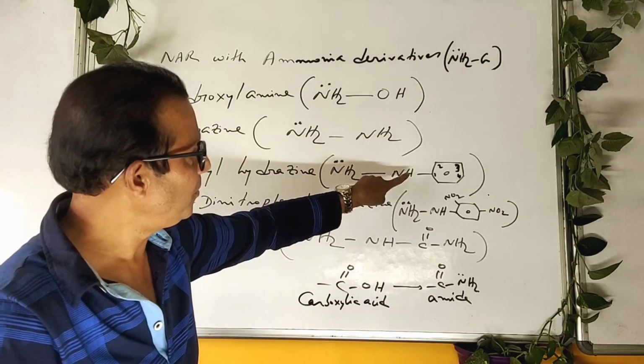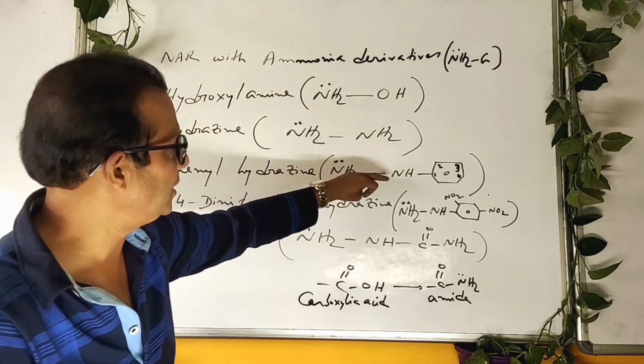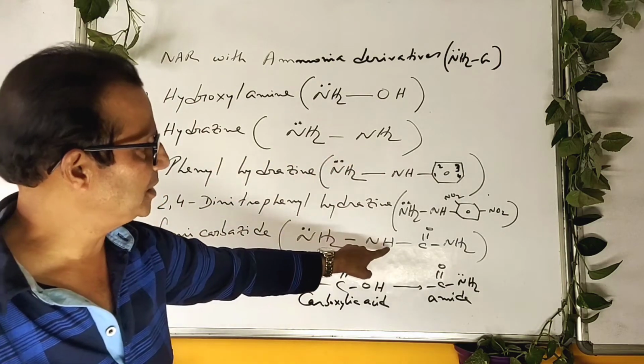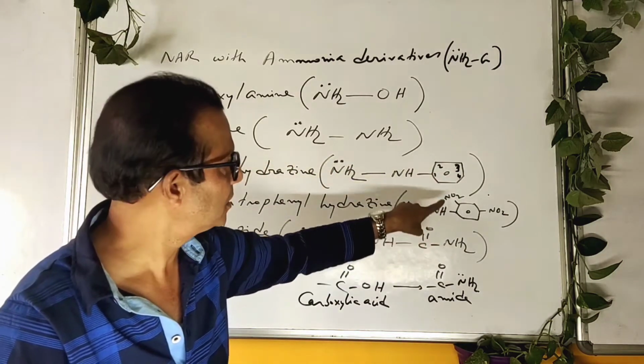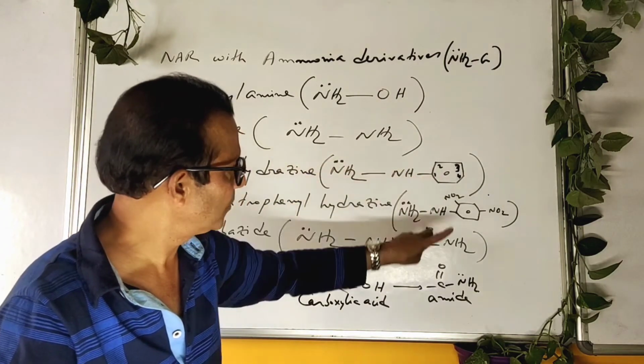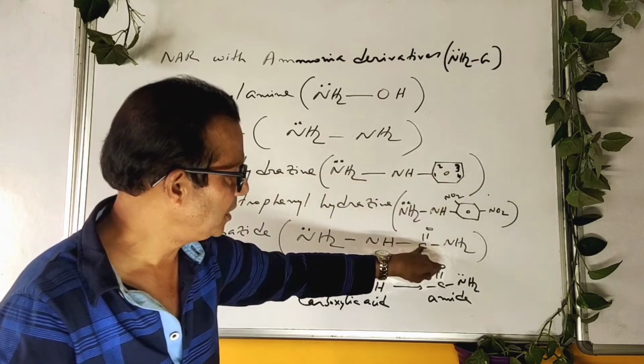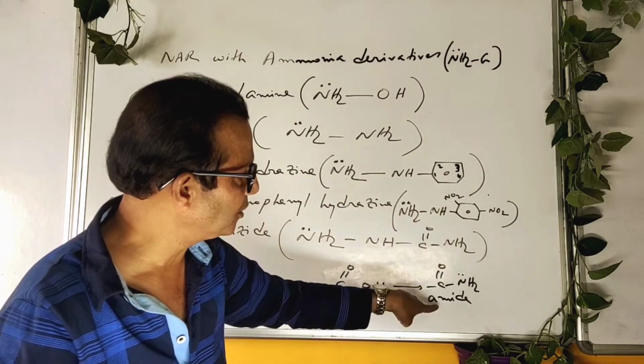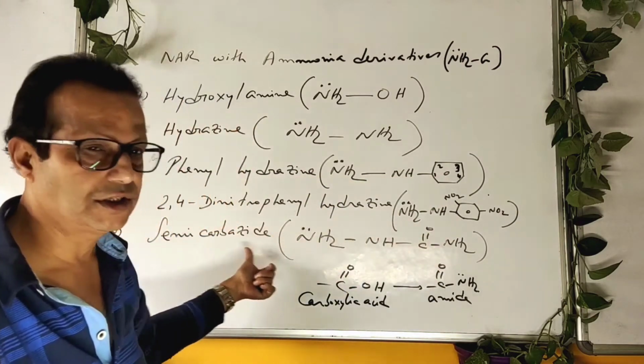See, if you compare phenylhydrazine and semi-carbazide, what is the difference? In phenylhydrazine, there is one benzene, and instead of benzene, if you write amide group, CONH2, it's called semi-carbazide.